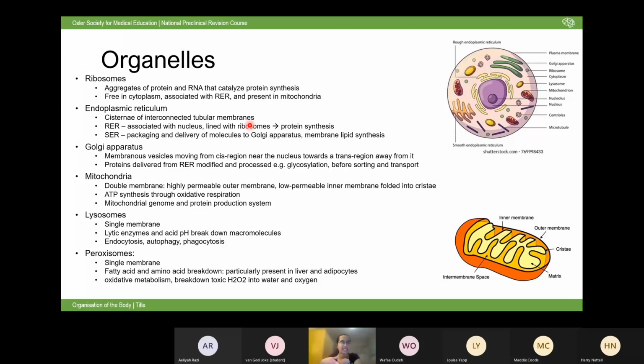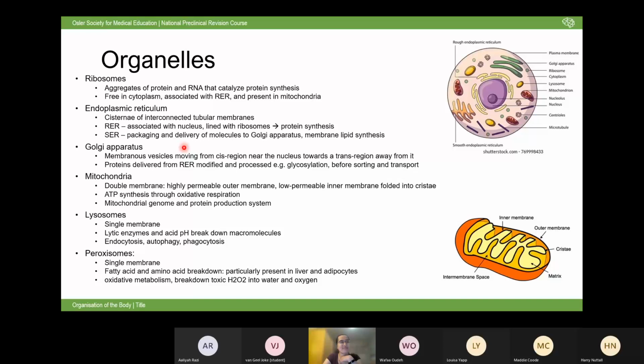And that obviously makes sense because the nucleus is where the messenger RNAs are produced. And then the smooth endoplasmic reticulum is the bit that's not attached to the nucleus. And this is where membrane lipids are produced, and is also where macromolecules will go to be packaged into vesicles before they move to the Golgi apparatus.